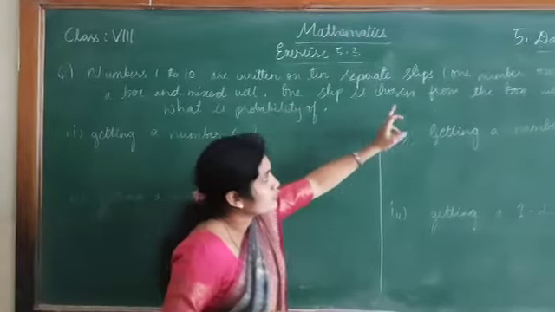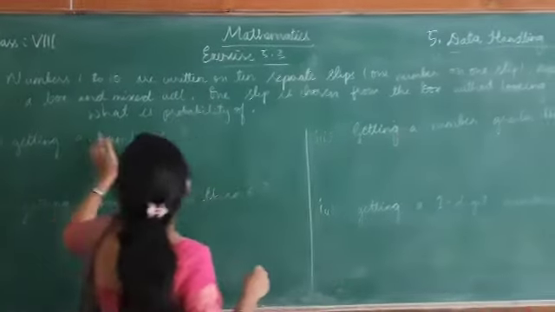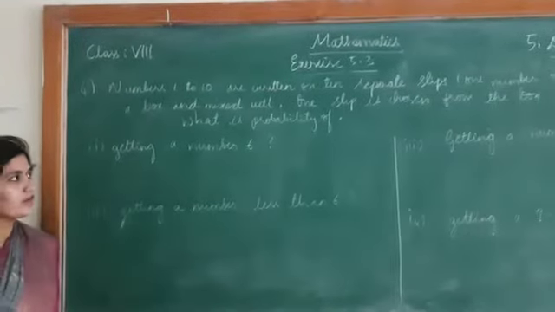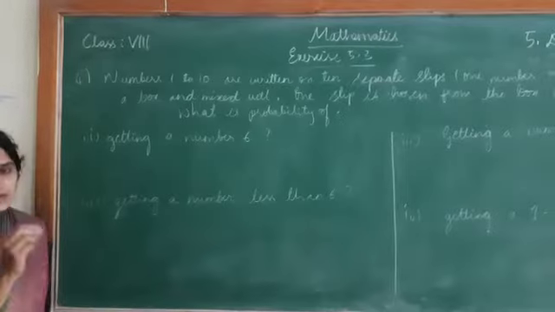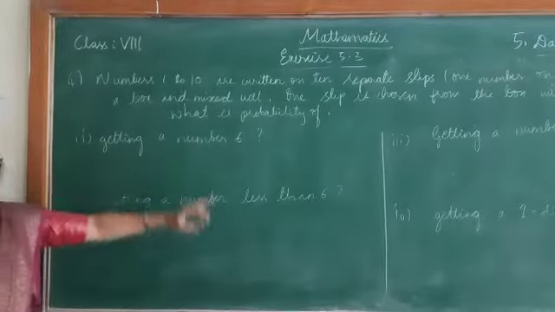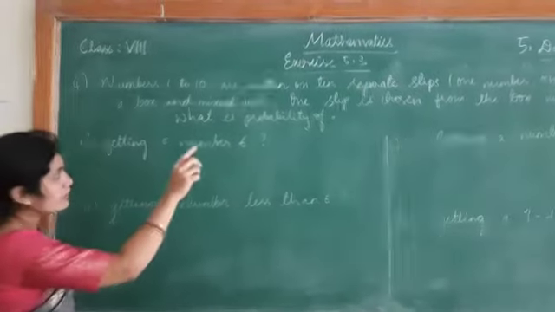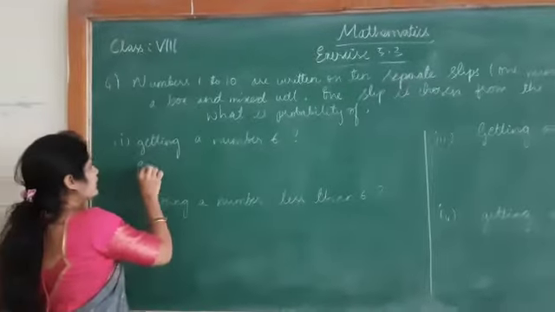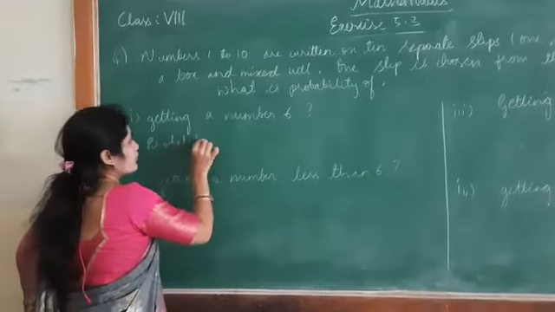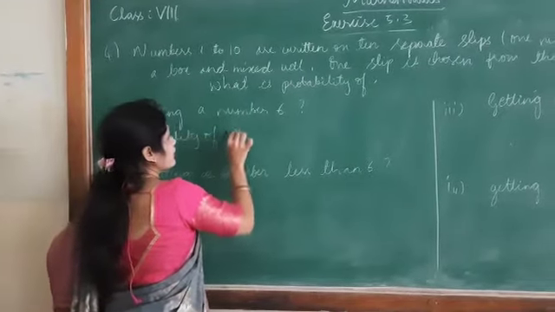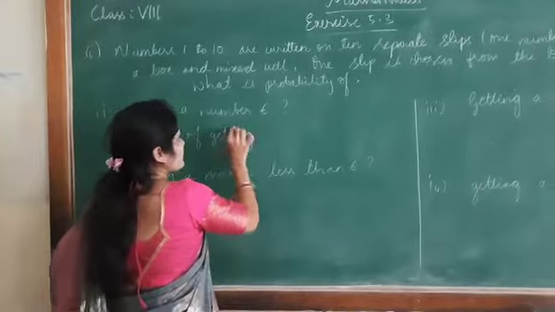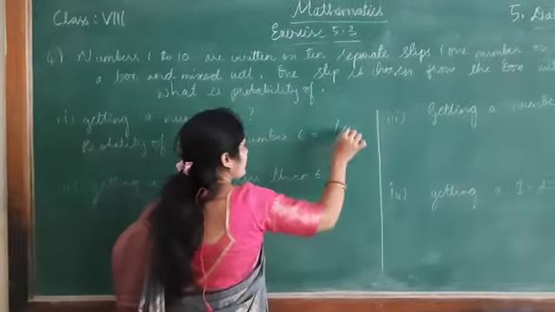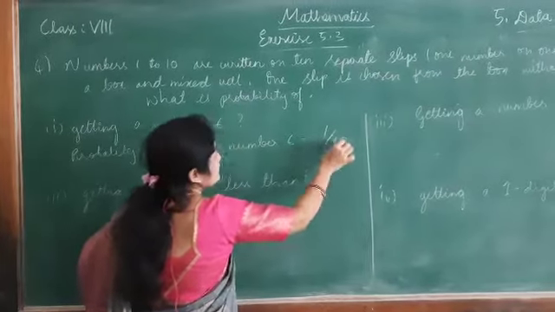One slip is chosen from the box without looking into it. What is the probability of getting the number 6? So if you pick any one slip out of that, out of 10 numbers, the probability of getting a number 6 is equal to 1 by 10, because total number of slips are 10.